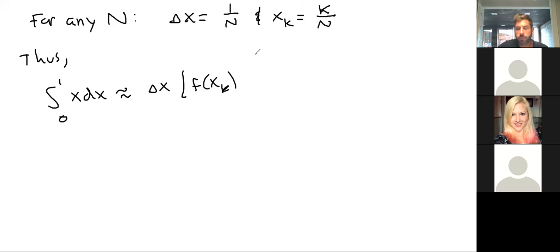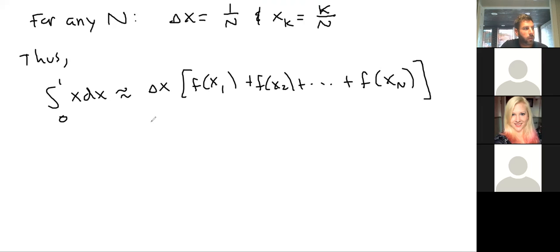Or excuse me, let me go more slowly here. So this goes all the way up to f evaluated at x sub n. And let's be real careful. What is this if we write this out? We'll just do what we did before.